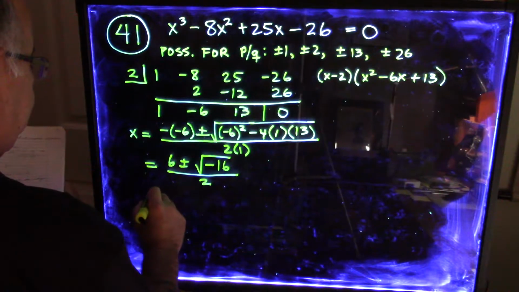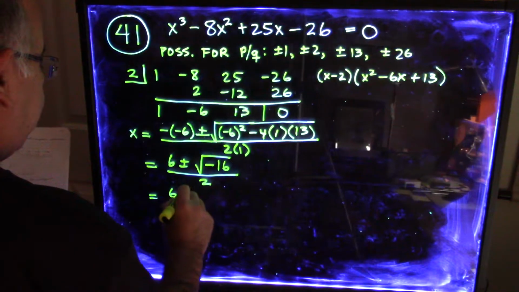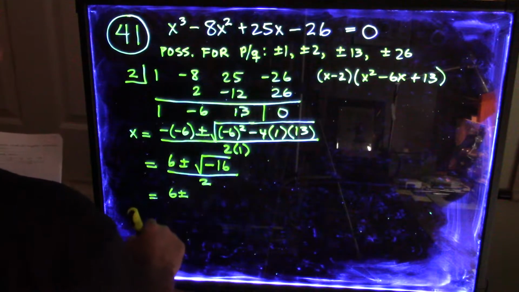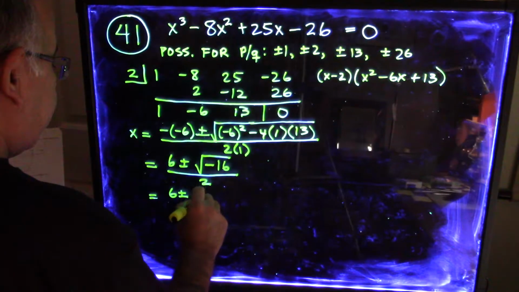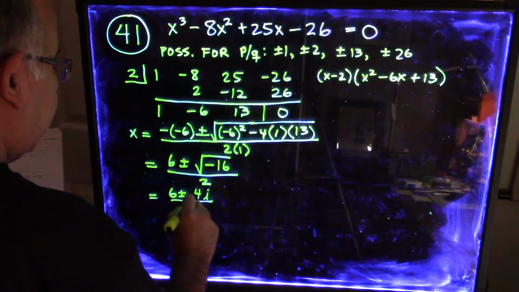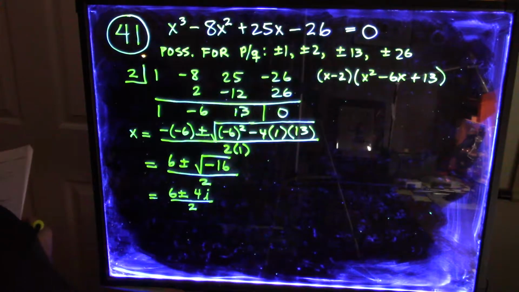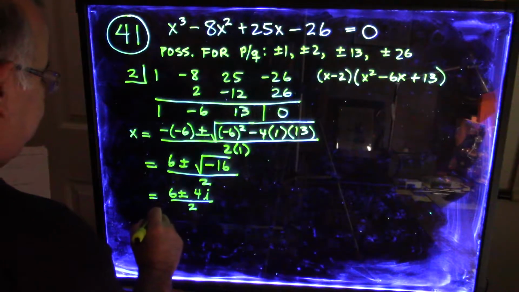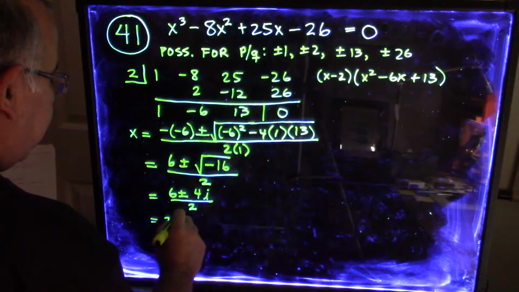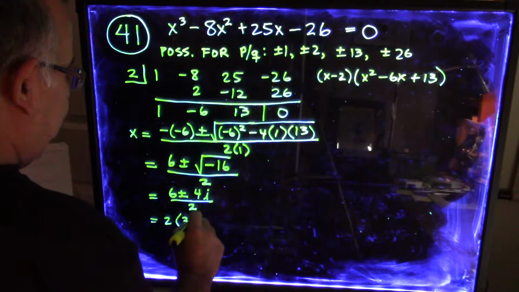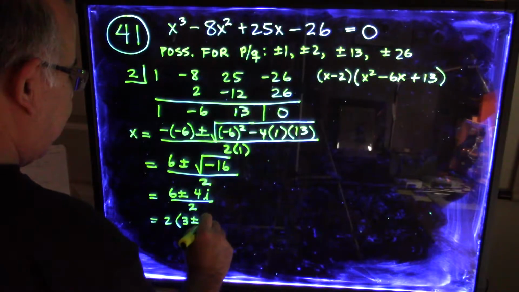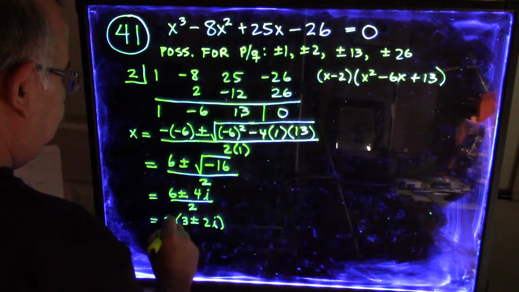And that's equal to 6 plus or minus, and this is 4i, over 2. You can factor 2 out of the numerator. So that's 2 times the quantity 3 plus or minus 2i all over 2.